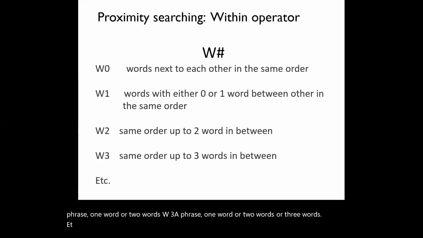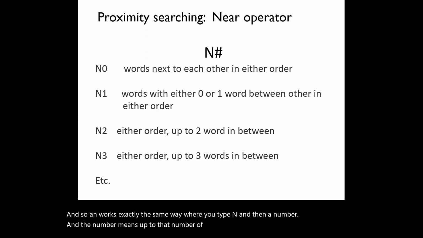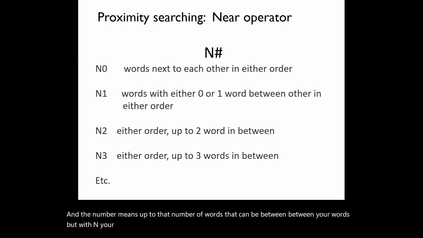And so N works exactly the same way, where you type N and then a number, and the number means up to that number of words that can be between your words. But with N, your words can appear in either order. So if we used biodegradable packaging, then the packaging could be in front or the biodegradable could be in front.